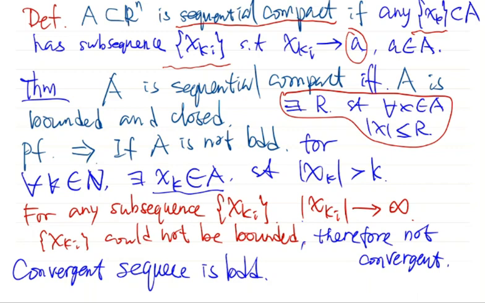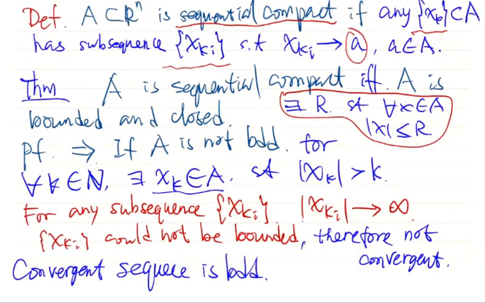Now we will prove the if part. We know that A is closed and bounded. We want to prove that any sequence in A has a convergent subsequence. Sorry, the only if part had not been completed yet.